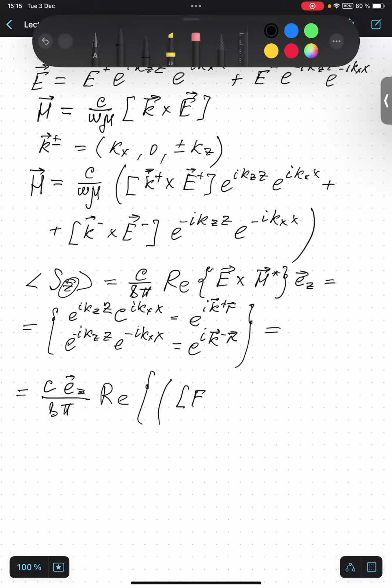Yes, E plus e^(i k plus r) minus E minus e^(i k minus r). And magnetic field.